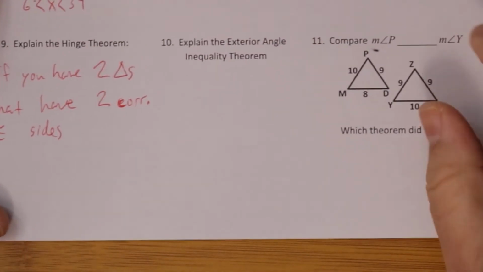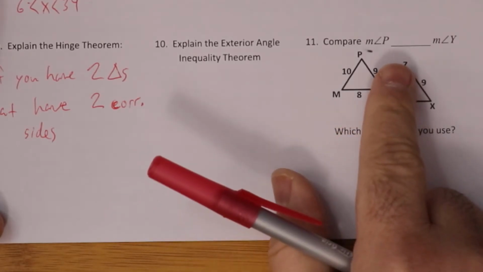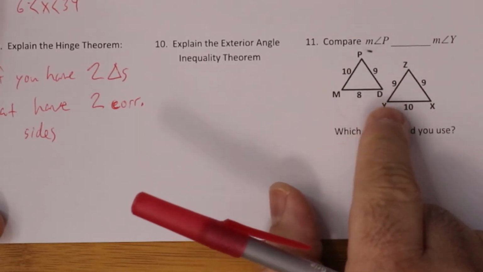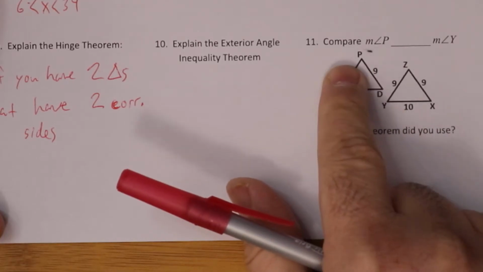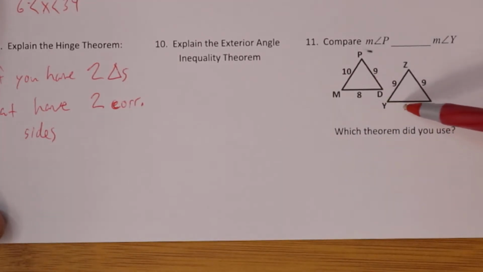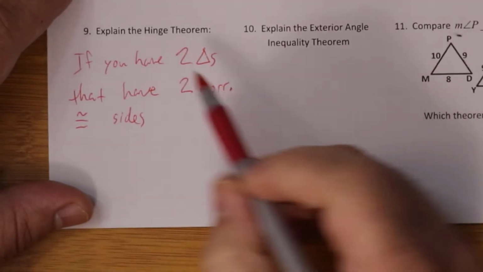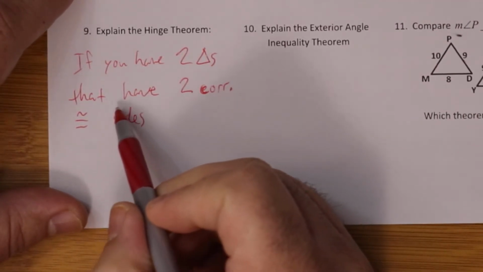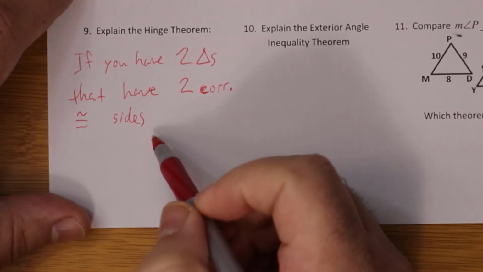So for example, over here on number 11, we have 9 and 9, and we have 10 and 10. So 9 and 10, 9 and 10, those are corresponding because you have a 9 on each one and you have a 10 on each one.